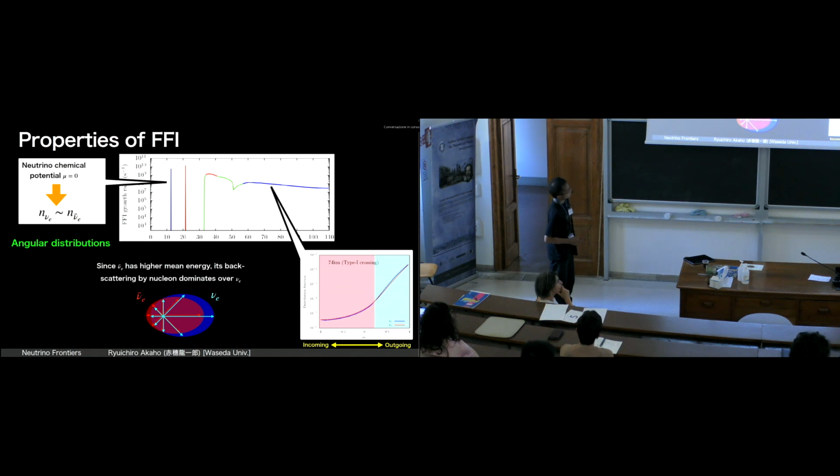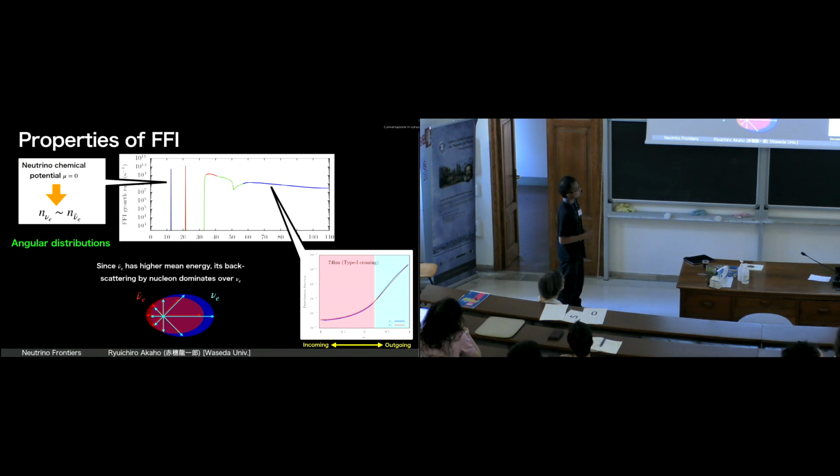And the outer part, the type 1 crossing, is likely to be caused by the backscattering by nucleons and nuclei. Since, as I said, the anti-electron type neutrinos decouple much further inside than the electron type neutrinos, which means that it has a higher average energy, and it makes the scattering much stronger than that of the electron type neutrinos.